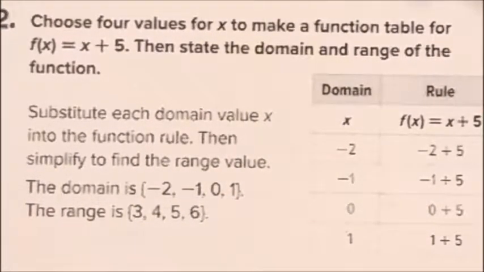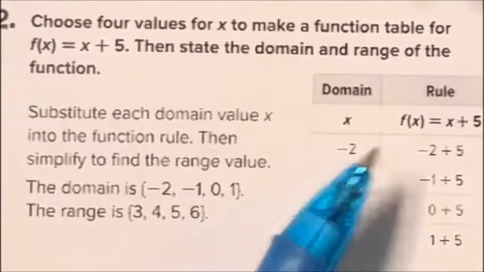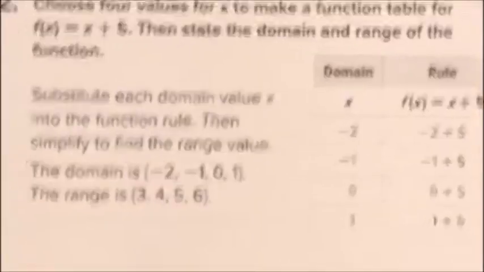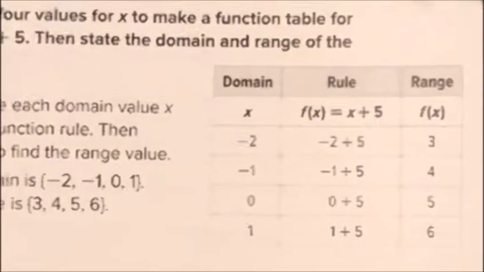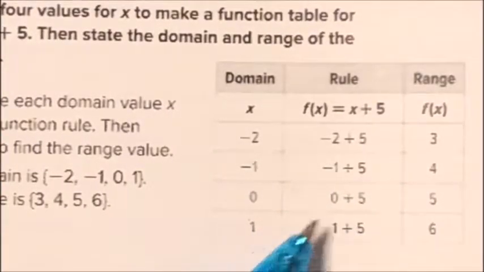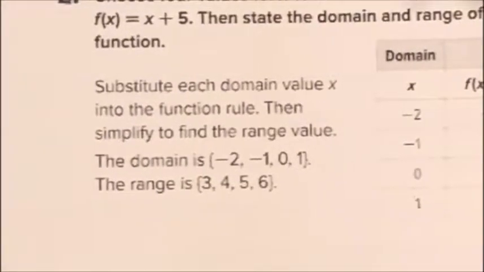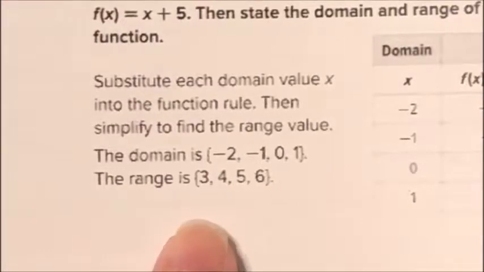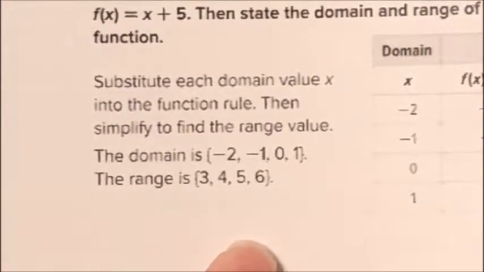So I substitute those in. -2 plus 5 gives me 3. -1 plus 5 gives me 4. 0 plus 5 gives me 5. 1 plus 5 gives me 6. Then I can state the domain, which are my x values: -2, -1, 0, and 1. And the range: 3, 4, 5, and 6.